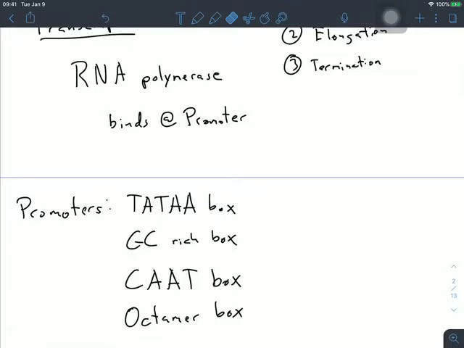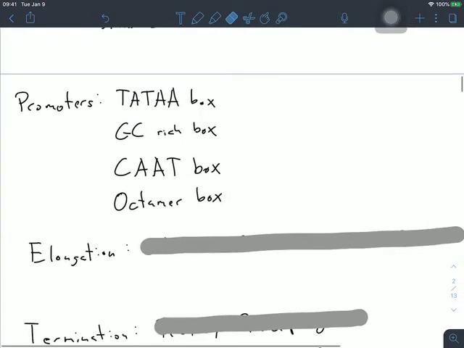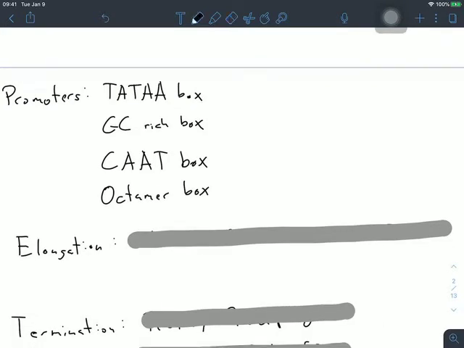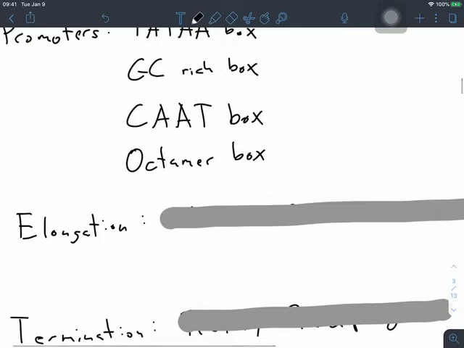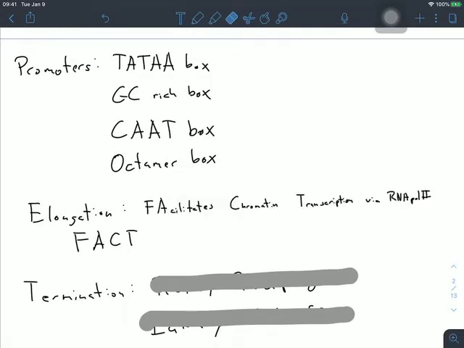Once RNA polymerase is bound, we then go to our elongation step. And speaking about elongation in eukaryotes specifically, we require a heterodimeric enzyme, a large enzyme called FACT. Again, in that cheesy comedy way, it is a fact that FACT is needed for elongation, because FACT stands for facilitates chromatin transcription.